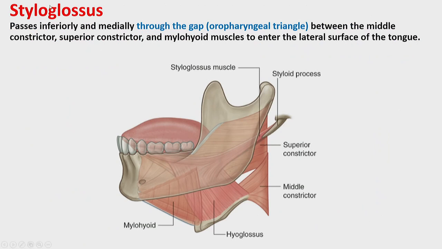Styloglossus, as we said, in addition to the hyoglossus, is the other muscle that passes through this gap, the oropharyngeal triangle. And this gap, as we mentioned, is between the superior constrictor, the middle constrictor, and the mylohyoid muscle. So the components of this gap are the hyoglossus and styloglossus, and some blood vessels and nerves that I am going to discuss.